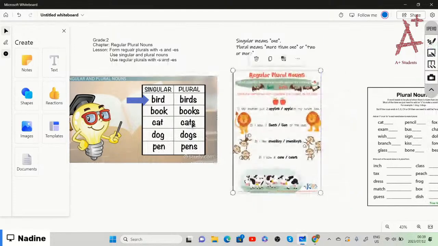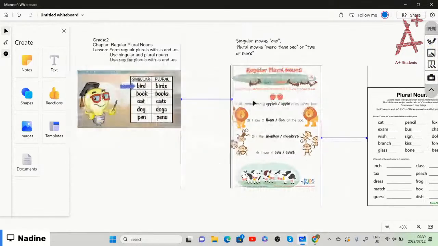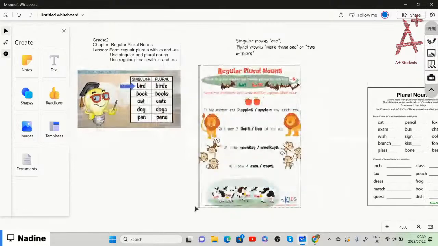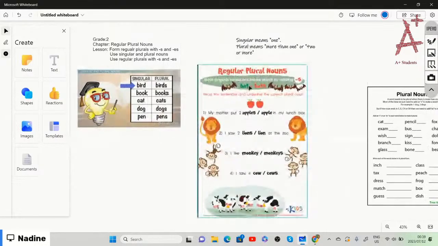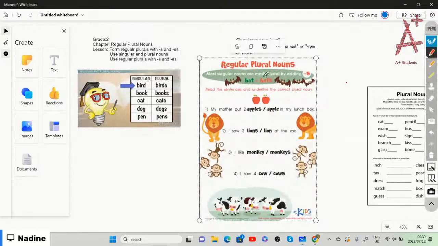All right, so we are going to now do a little activity also on regular plurals, right? Okay, so if you look at this picture in front of us with the lions, it says most singular nouns are made plural by just adding an S, right? So that is most of the singular nouns. We're not saying everything.